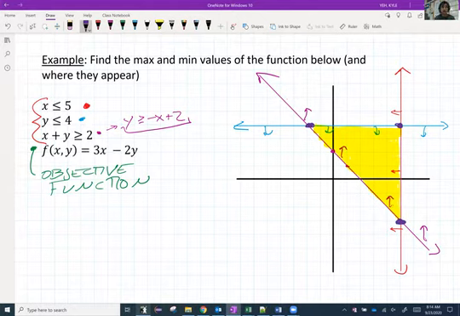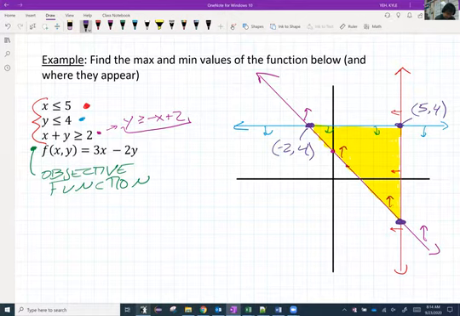We have a bounded region, it's completely enclosed, and so all we need to be concerned with are these vertices. It looks like this one's negative 2, 4, looks like 5, 4, and 5, negative 3, I believe, just looking at the graph.